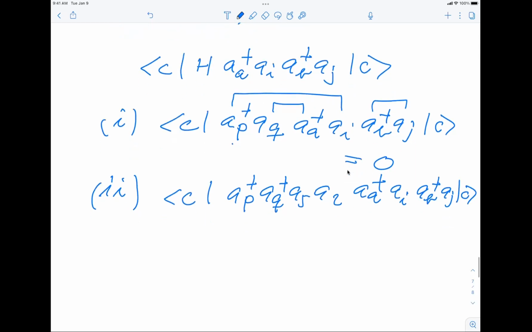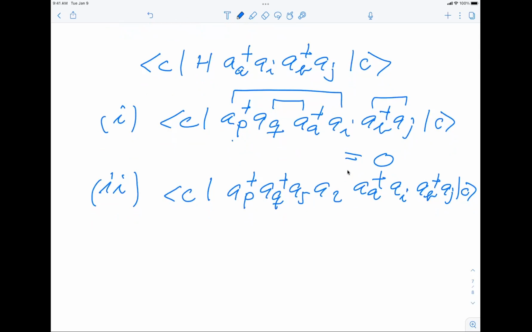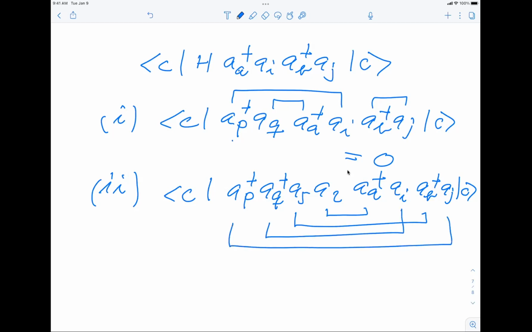So let's look at some of the types of matrix elements which we can get. If you look more carefully, what we will have now is R to A. That's a possible contraction. We would also have the S to B here. That means that we need to have Q going to I and P going to J. So that is a possible contraction, which is non-zero.